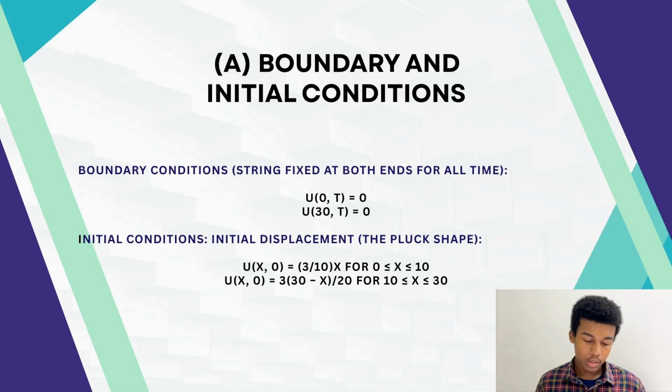So u(x,0) equals 3 over 10 multiplied by x for 0 less than or equal to x less than or equal to 10. Also u(x,0) equals 3 multiplied by (30 minus x) over 20 for 10 less than or equal to x less than or equal to 30.